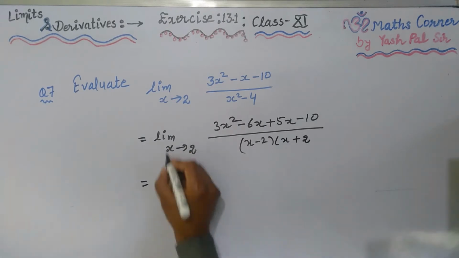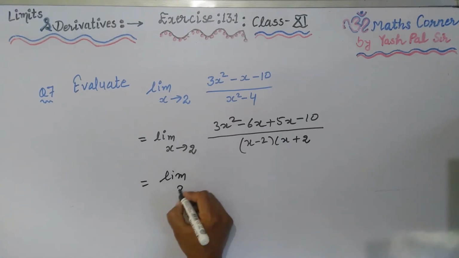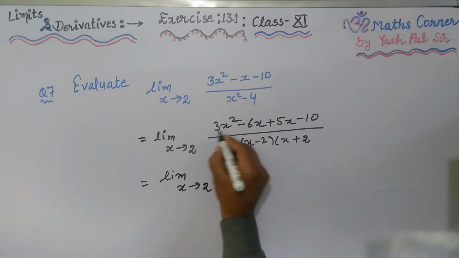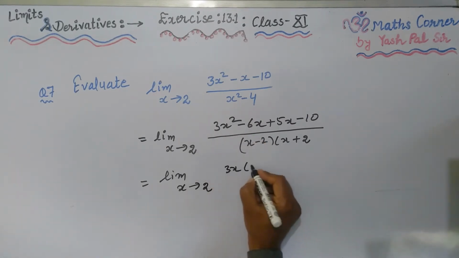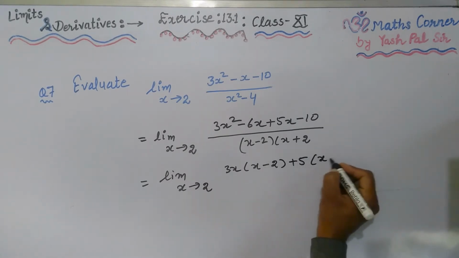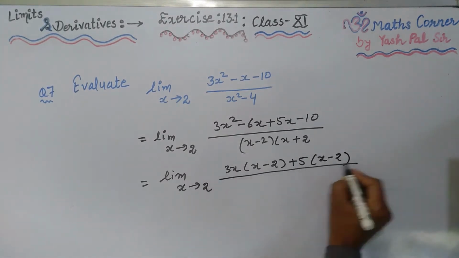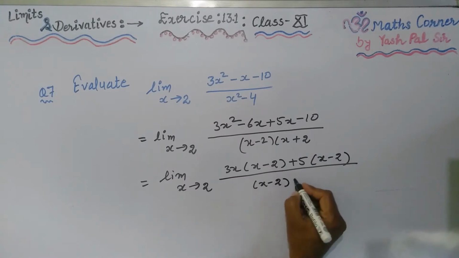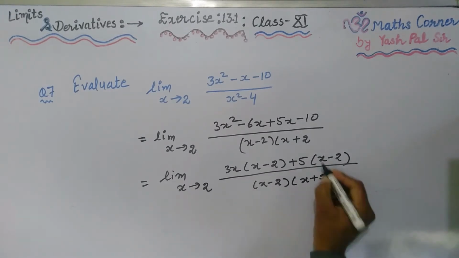In the numerator, taking 3x common, we have 3x into (x minus 2) plus 5 into (x minus 2), divided by (x minus 2) into (x plus 2), right?